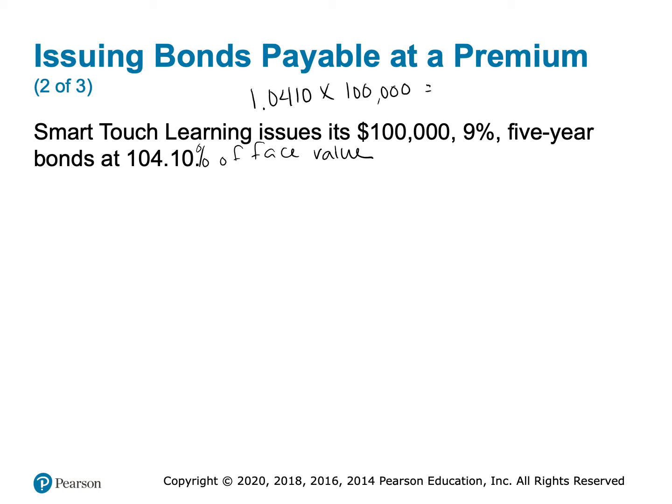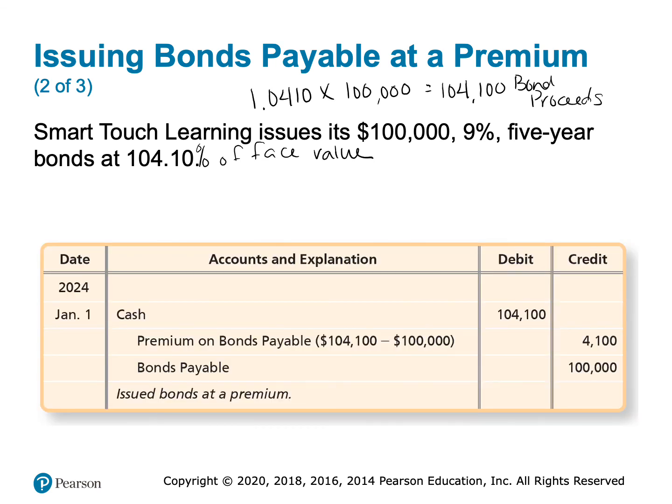So it means our bond proceeds are 104,100. So when we do our journal entry, we'll debit cash for 104,100. We'll still credit bonds payable for 100,000, and then we'll credit that adjunct account for the premium of 4,100.